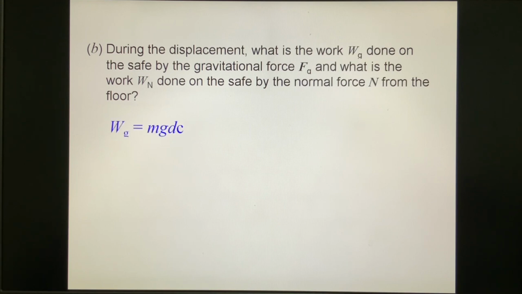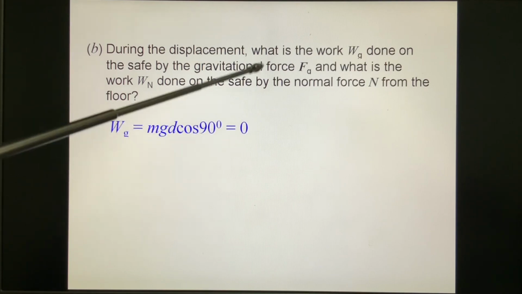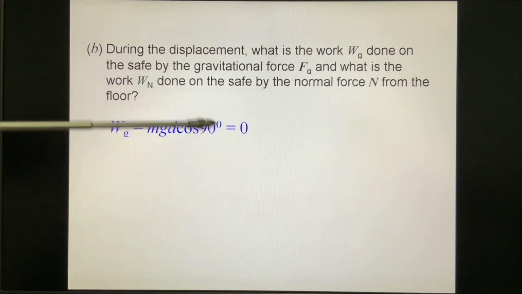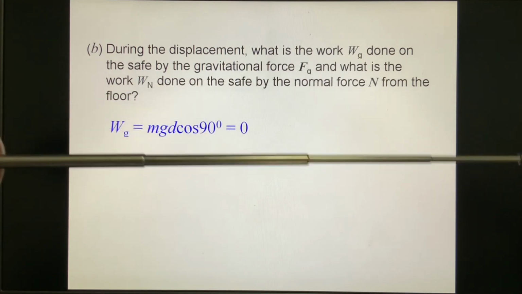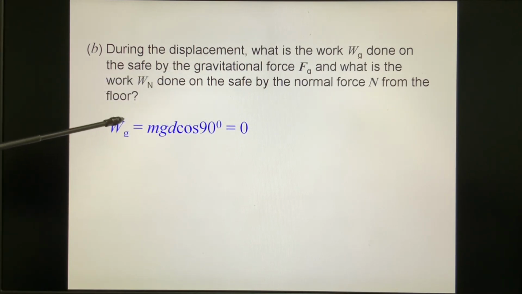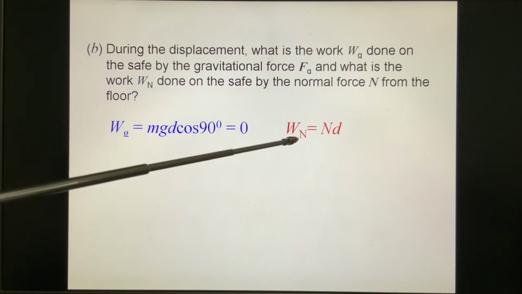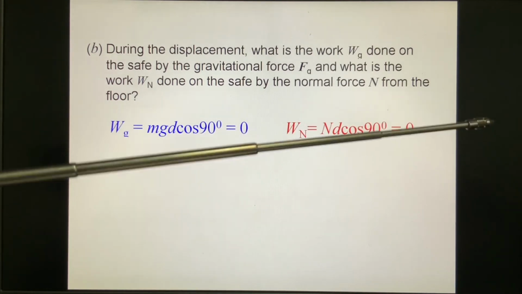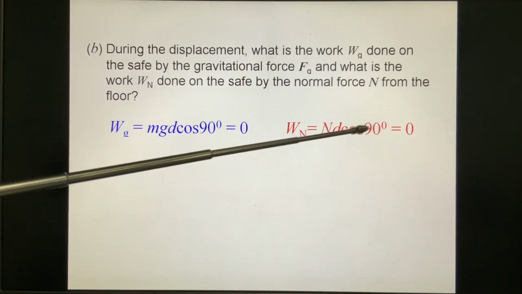By definition, the angle between the gravitational force, downward, and the displacement, horizontal, is 90 degrees. So this work done is 0. Also true for the normal force, because the angle between the normal force, upward, and the horizontal is 90 degrees. So this is 0.